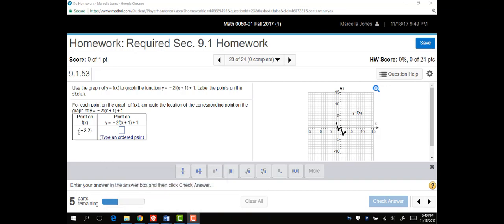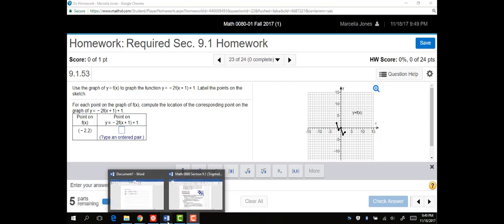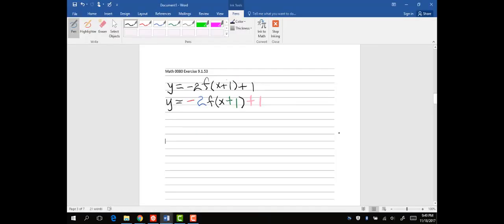We want to start with the point (-2, 2), and we want to see what's happening to every point on this graph.